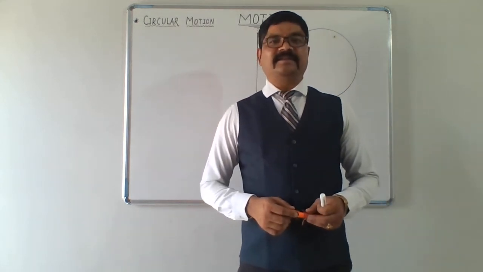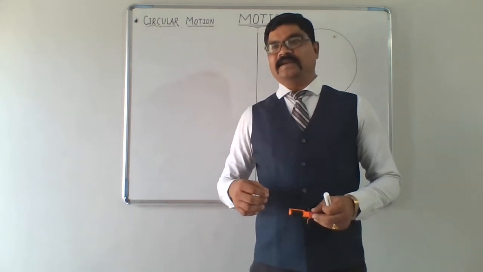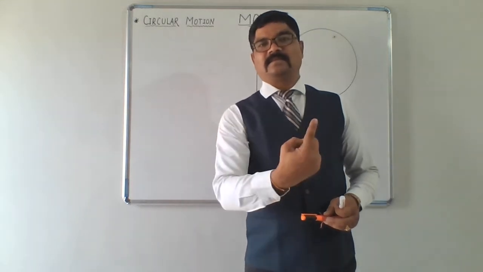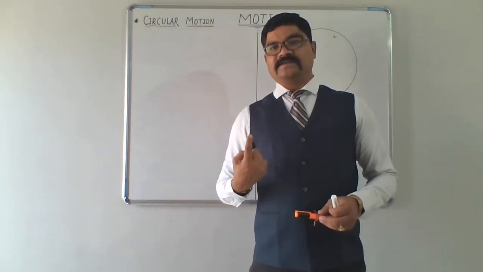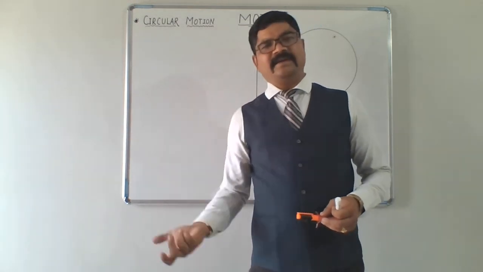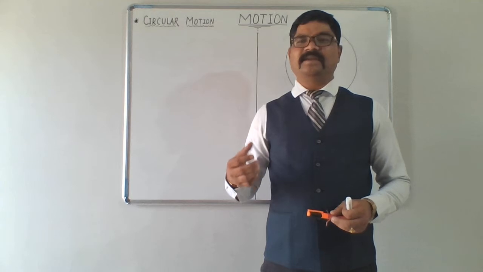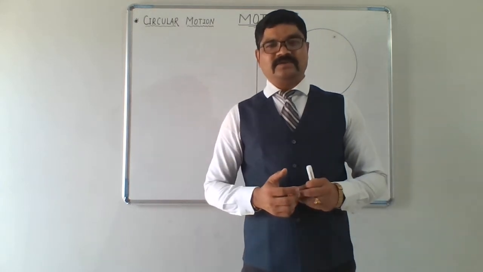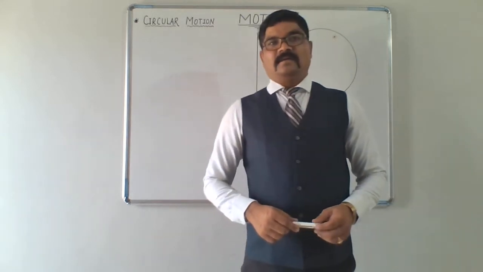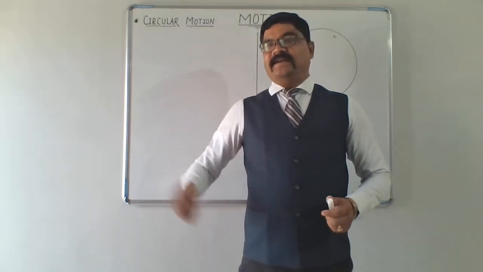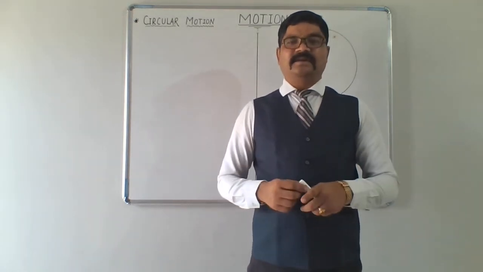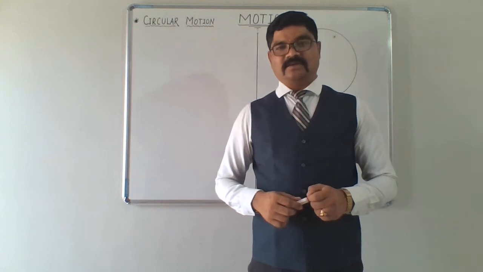When an athlete is running in his competition around a circular track, then he covers distances on the circular track, maybe in equal intervals of time or maybe not in equal intervals of time. When an object is tied to a thread and rotated like this, the motion can be called circular motion.